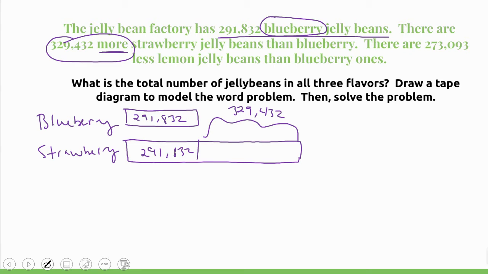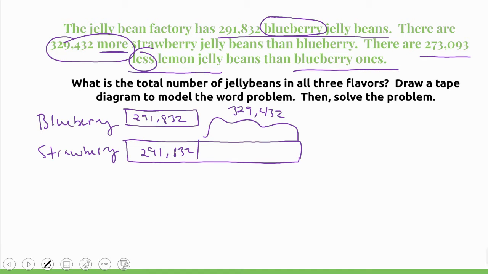Okay? We have 329,432 more strawberry than the total of the blueberry. Okay, then we have 273,093 less lemon. So less than the blueberry.